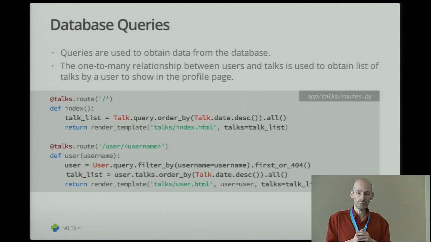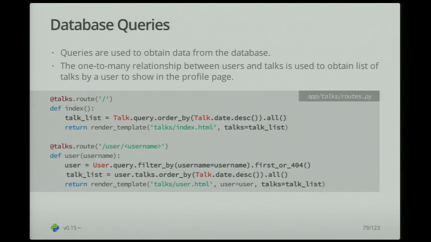In the user profile page, I'm going to do the same thing. I'm going to show a timeline of talks, but only talks from that user, not all the talks like the one in the home page. So in that case, the query is a little bit more complicated. I first get the user, which was there from before. Once I have the user, I say user.talks, and that is the relationship that I built in my model.